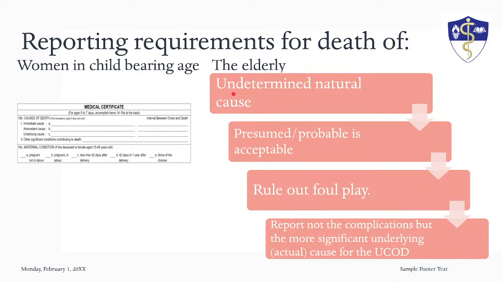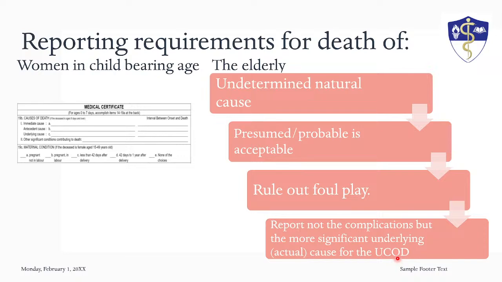Reporting requirements for the death of women of childbearing age versus the elderly. Undetermined natural cause, presumed or probable, is acceptable for the elderly. Rule out foul play for the elderly. Report not the complications but the more significant underlying or actual cause for the undetermined cause of death.